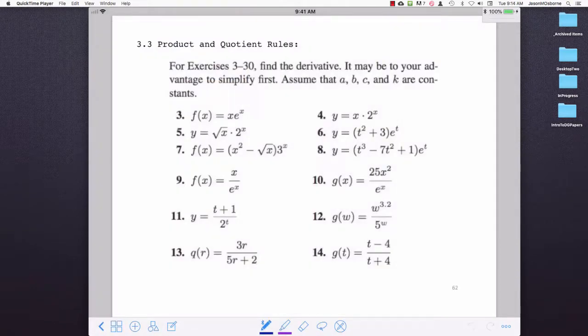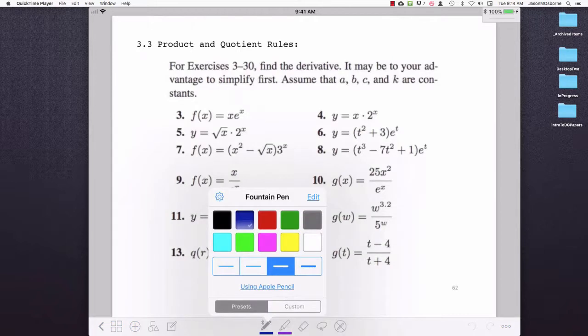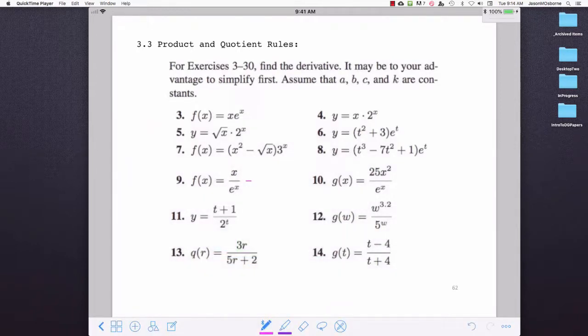Right? And here are some more problems to practice. Okay? For example, this function could be a product rule because it's the same thing as x multiplied by e to the negative x, so you could use the product rule on it. This function is a product rule because it's f times g, where the function f is t squared plus 3 and the function g is e to the t.